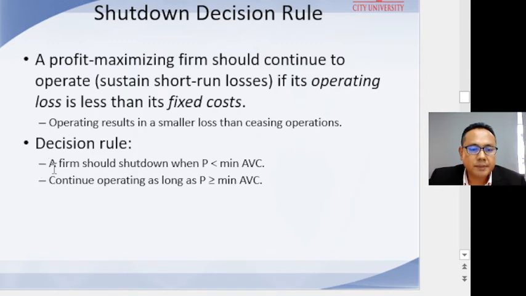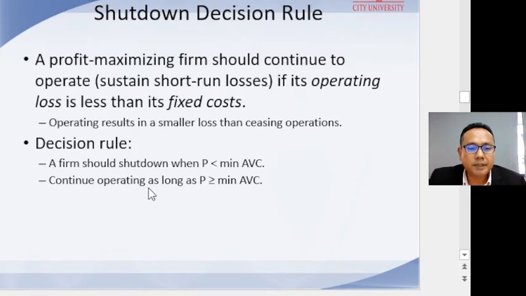So the decision rule is that a firm should shut down when the price is lower than minimum average cost. You should shut down when price is smaller than minimum average cost.